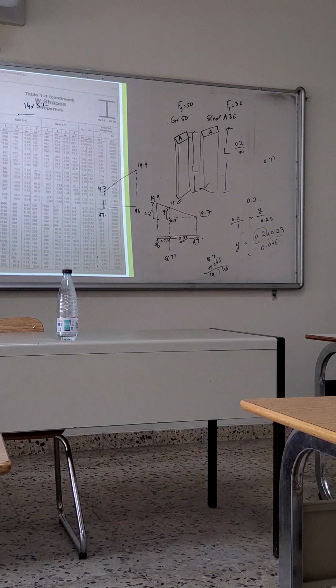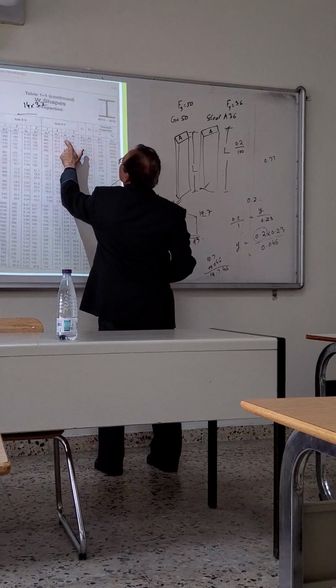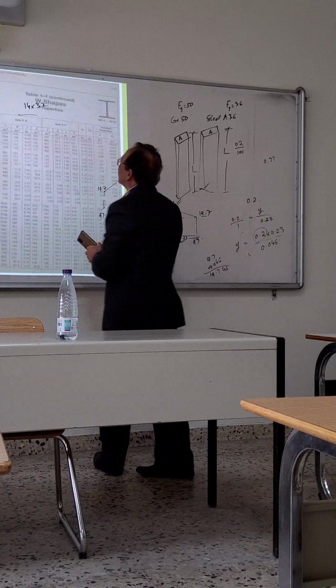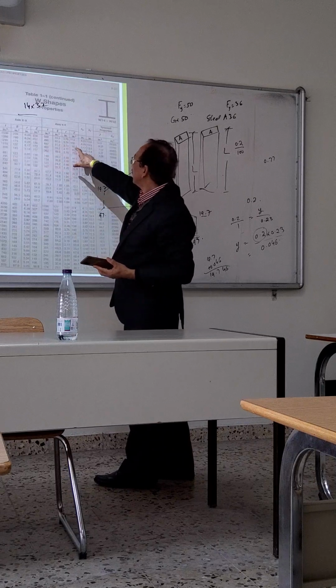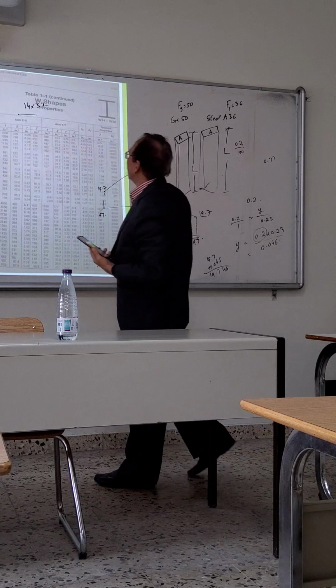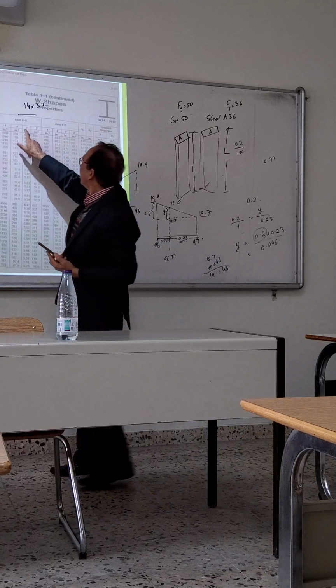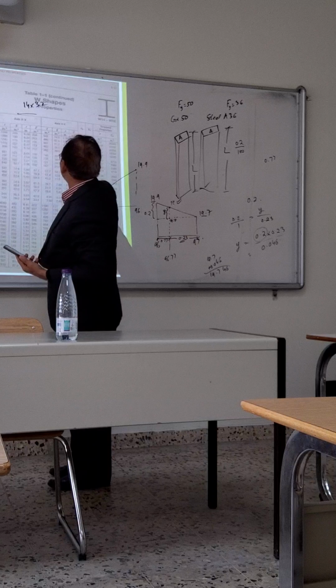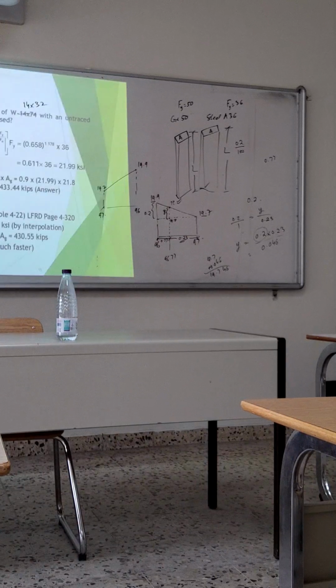R minimum is either this 3.76 or Rx 6.28, so the minimum is 3.76.